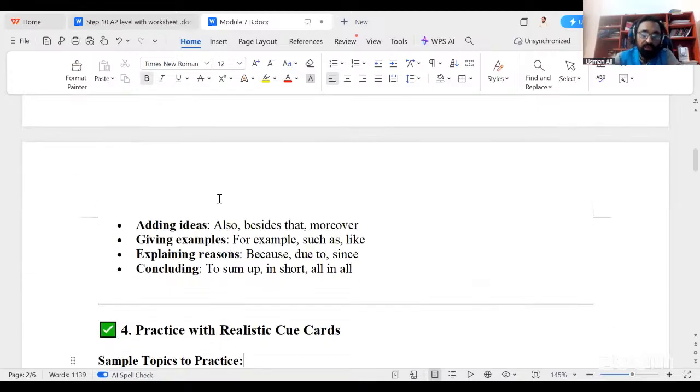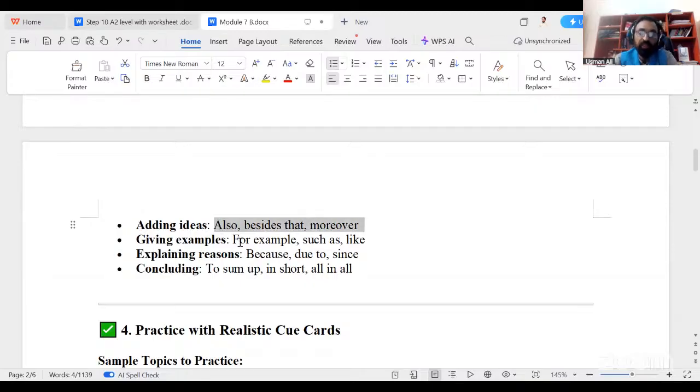Next one, adding ideas: also, besides that, and moreover. You will have to add ideas with these words. By using these words, you can add your ideas. Okay. Now, giving examples.